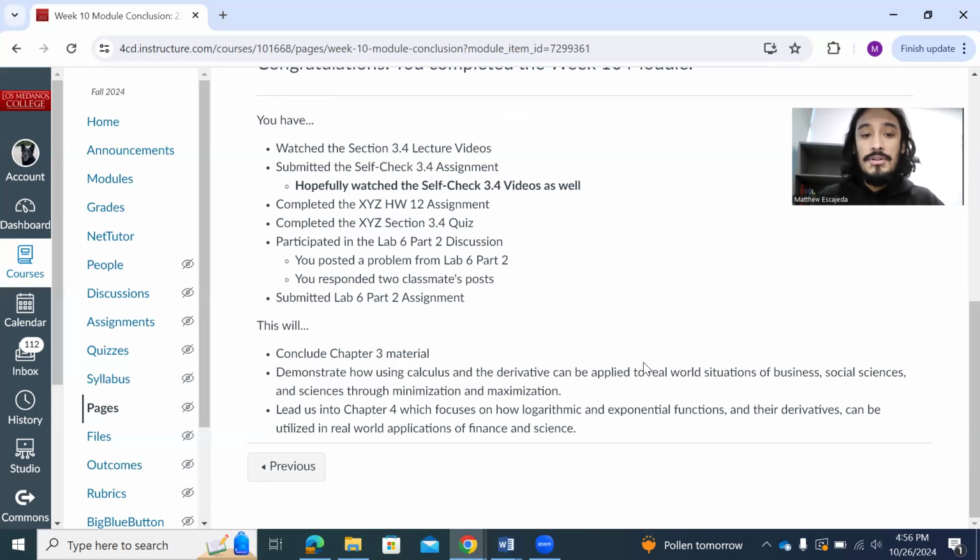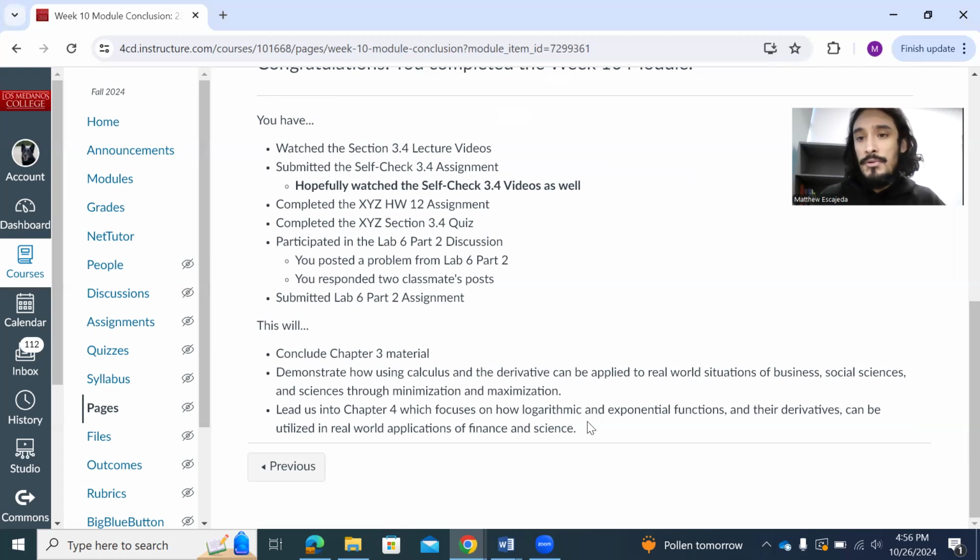And this is going to lead us into chapter 4, which focuses on how logarithmic and exponential functions are used in these social sciences or business, right? And their derivatives can be used in the finance and sciences, right? Think about exponential populations or calculating interest, things like that. So this is going to lead us into that.